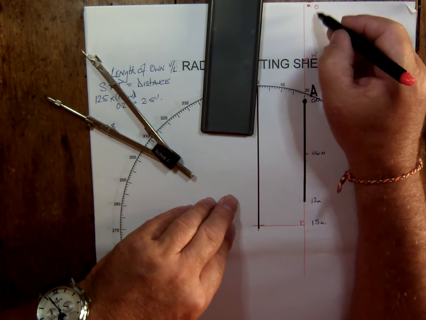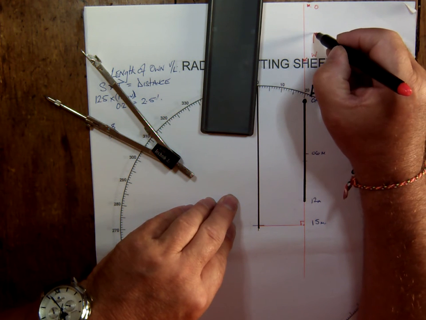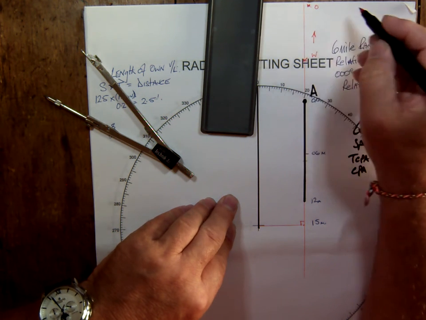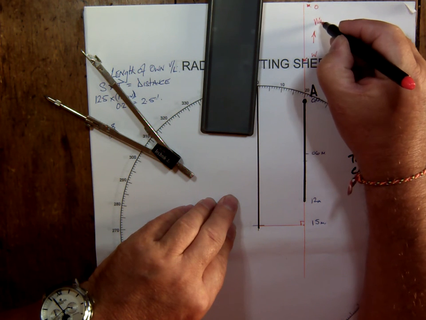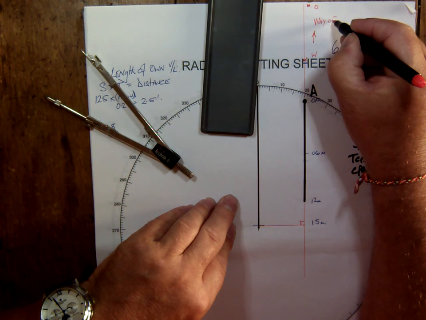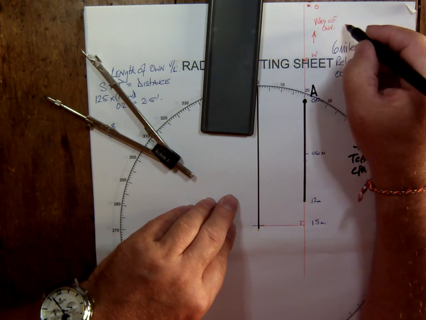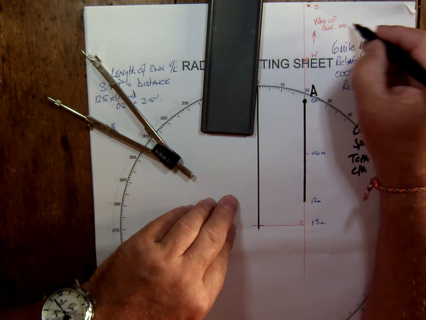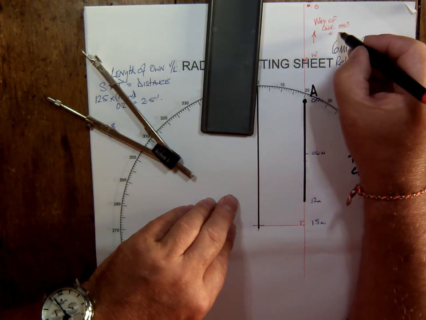So I've got way of own, here would be 0, 0, 0 times my speed, 12.5.